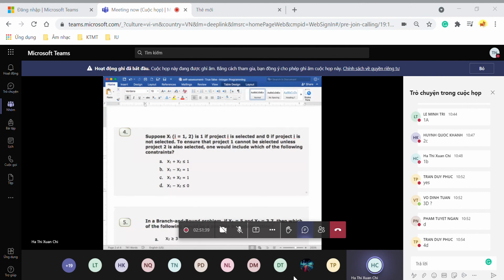Project 1 cannot be selected unless project 2 is also selected. No, it's not. If 2 is selected, so 1 is not selected.